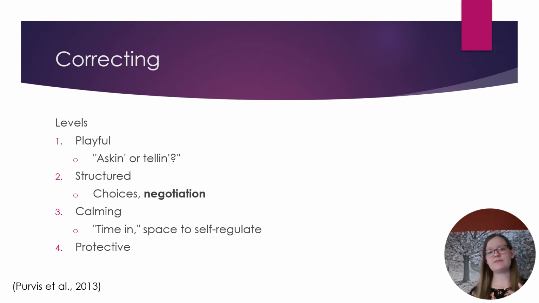If kids aren't really receptive to that, then we can move on to the structured level of correction, which can include things like offering choices, which is always a good option, and offering negotiation. And this helps meet kids' needs for autonomy and teaches them that they can be an independent person.